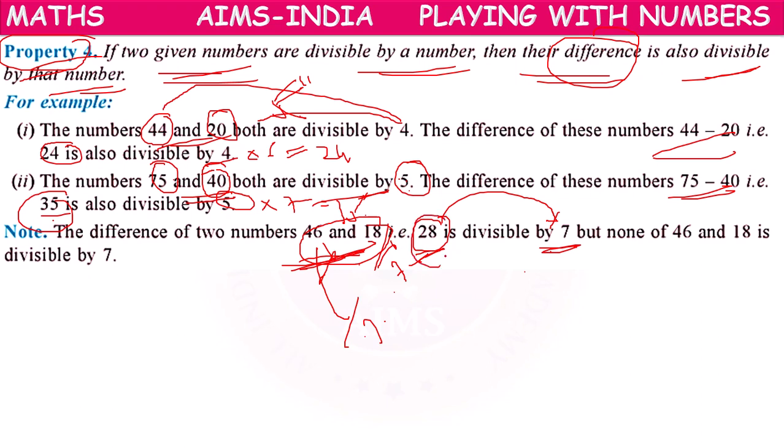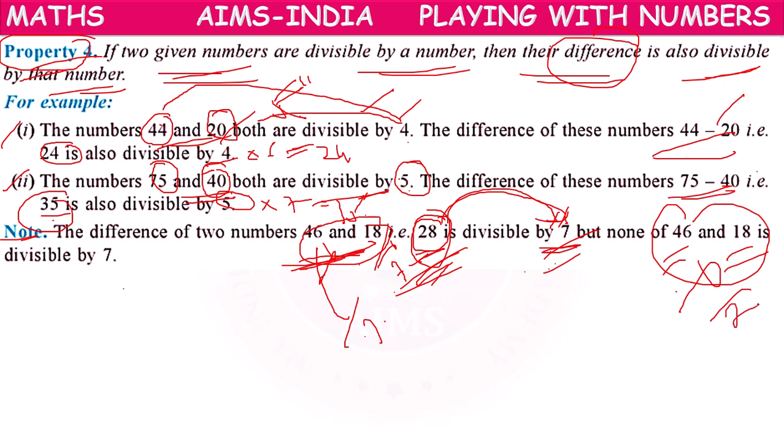Because if the difference is divisible by 7, then the numbers being divisible by 7 may not be possible. In the first example, what we have taken, the numbers are divisible by 4, so the difference is divisible by 4. But in this note, the difference is divisible by 7. Hence, the numbers being divisible by 7 may or may not be possible.